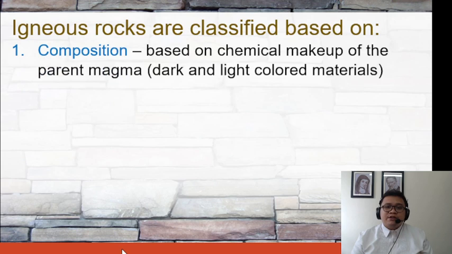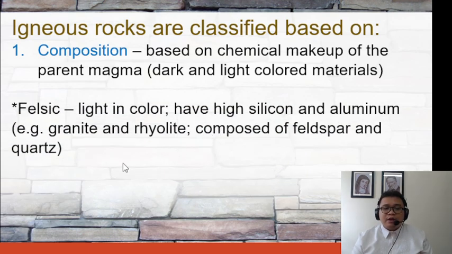Igneous rocks are also classified based on, number one, composition. So based on the chemical makeup of the parent magma, or dark and light colored materials. Depending on the chemical makeup, igneous rocks may appear dark or light colored.